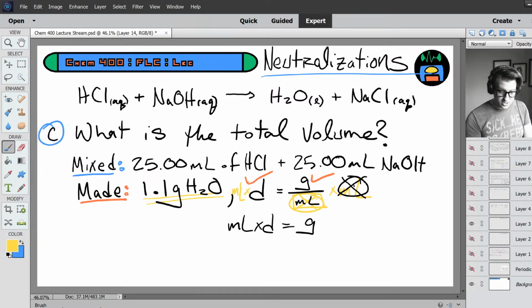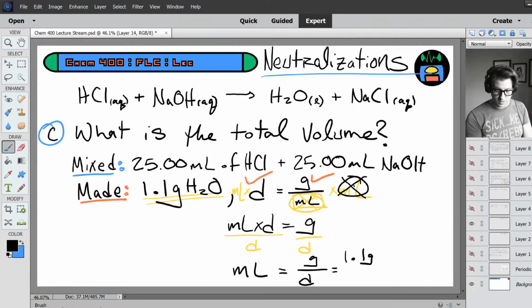We want to get milliliters isolated on one side of this equation, so we divide both sides by density, and we get milliliters, the volume of water in milliliters, is equal to the grams of water divided by the density. We know our grams of water produced, 1.1 grams. We know the density because we were given the density, 1.008 grams per mL.